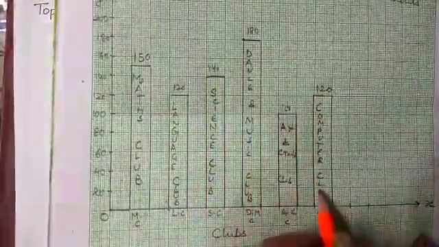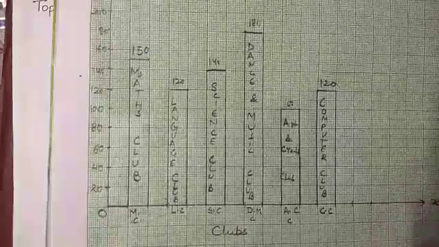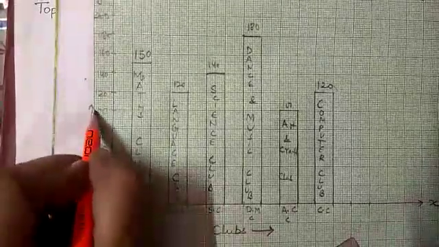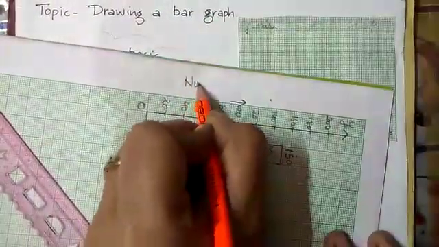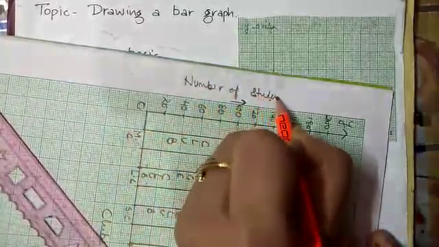When you do this question in your notebooks, just pause the video at every step and then do it from here. You will be able to understand properly. And here we have shown the number of students. Just rotate your notebook and write here number of students.